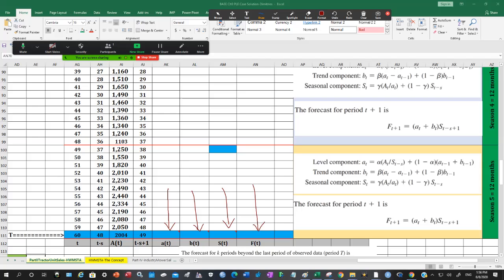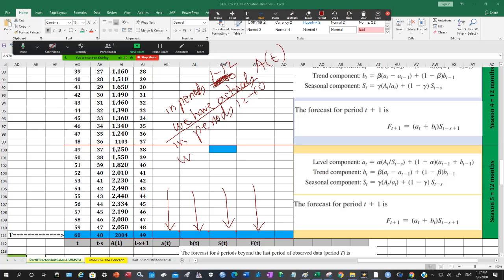But up until now, we have in periods 1 through 60 both actuals and forecasted. We have actuals in periods 1 through 12, and actuals in periods 12 through 60, and the actuals are the A of t, right?